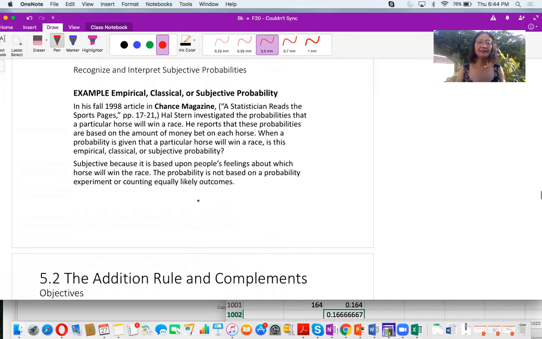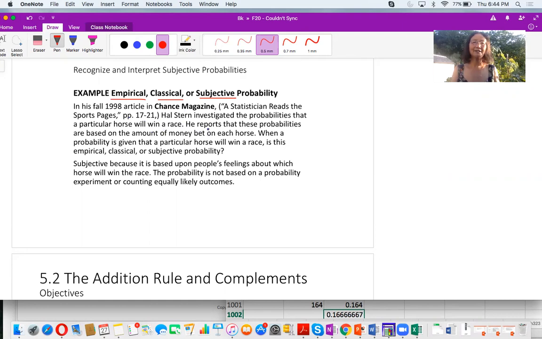So let's look at this example. Remember, when you calculate the probability, there are 3 methods: empirical method, classical method, or subjective method. In his fall 1998 article in Chance magazine, a statistician investigated the probabilities that a particular horse will win a race.